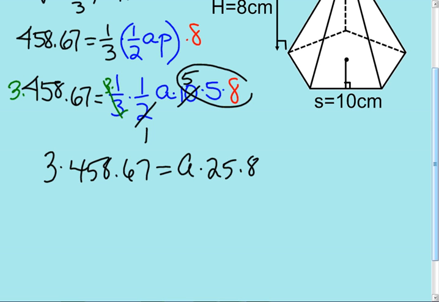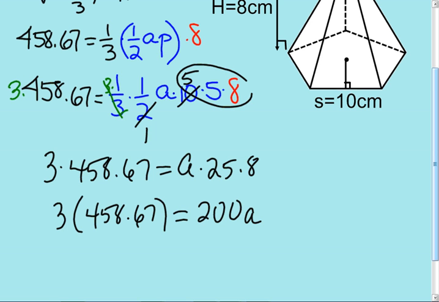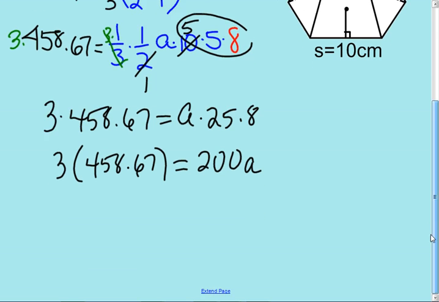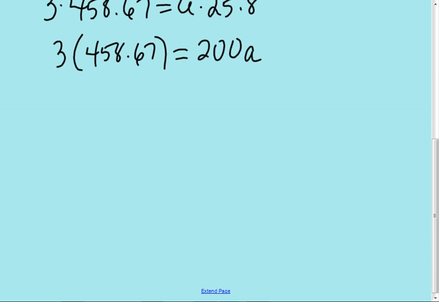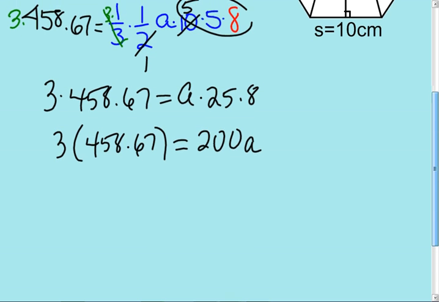They're 8 quarters. How much money is that, TJ? $2. It's $2, so that's 200 cents. So that's 200A. And now what do we do? Divide by 200.